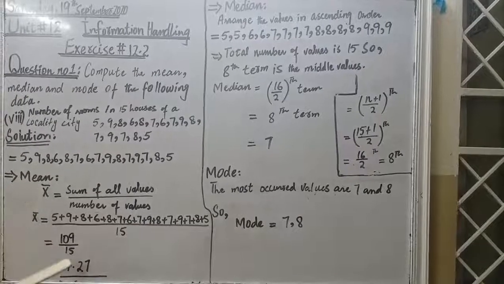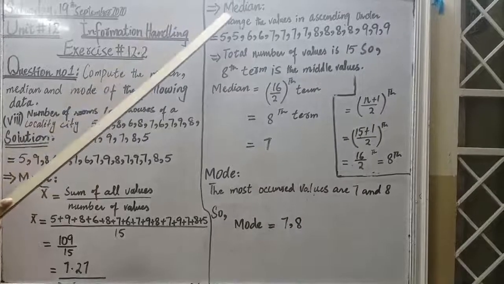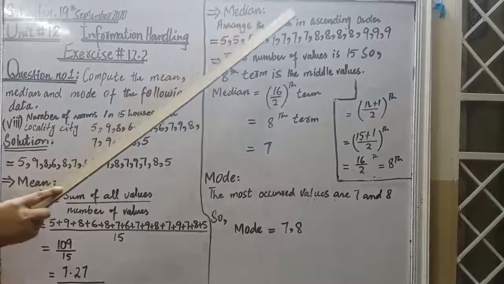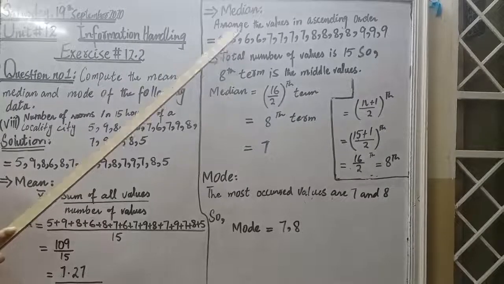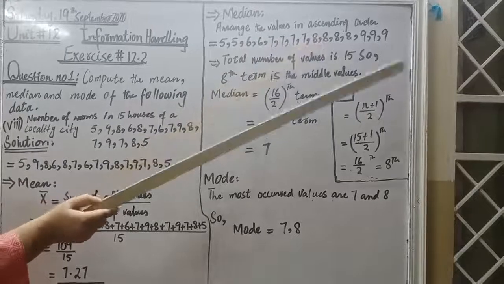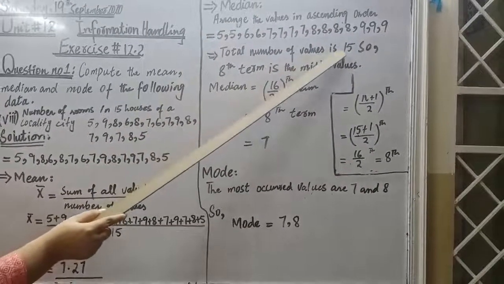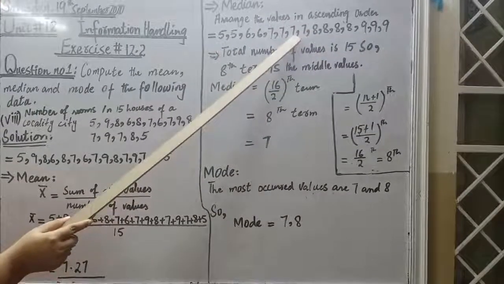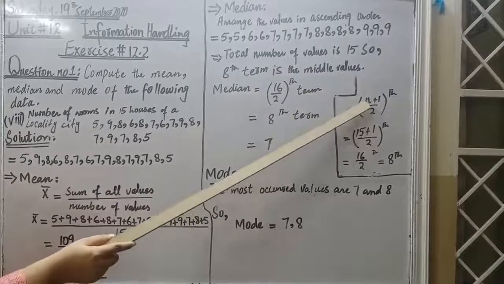Our mean is 7.27. Now for finding the median, first arrange these values in ascending order: 2 times 5, 2 times 6, 4 times 7, 4 times 8 and 3 times 9. Now the total number of values is 15, so this data is odd, and we use the formula n plus 1 divided by 2, where n is our number of values.